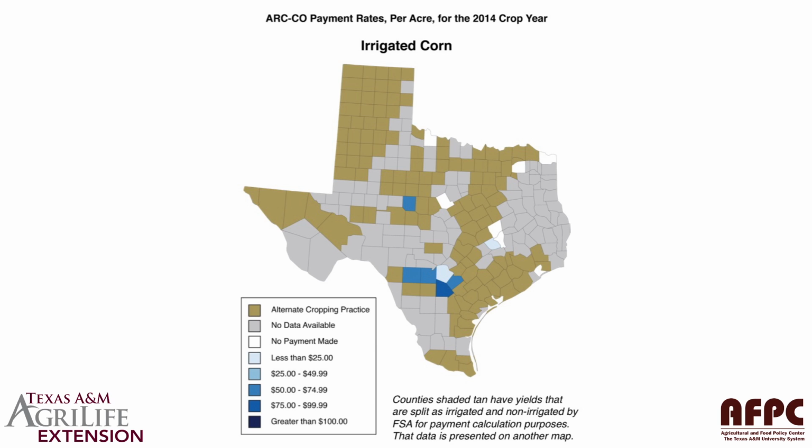Those payments on ARC County would have ranged around the $50 to $75 range for most of those counties. On the non-irrigated corn across the state, those counties look like they're going to be less than $25. Some of them were around $25. So that's how it looks for corn.